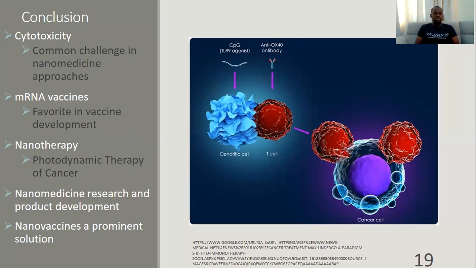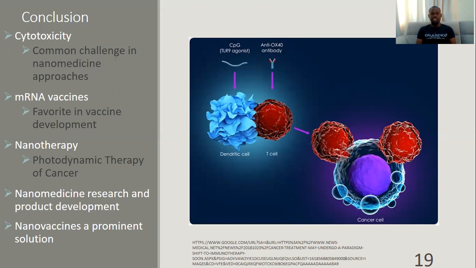However, we have a common challenge in the development of many medications, drugs, vaccines, etc. We have the challenge of cytotoxicity. However, we have vaccines such as your mRNA vaccines, which have shown to have limited cytotoxicity. Hence, it has gained much attention when it comes to vaccine formulation, as in the COVID-19 vaccine formulation.